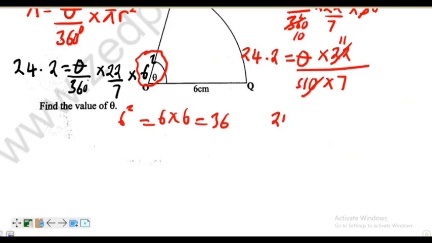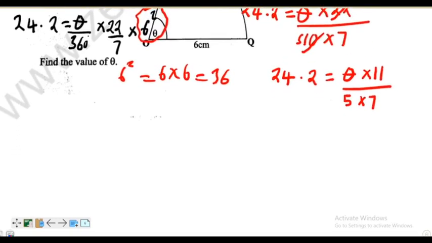So we have 24.2 is equal to theta times 11 over, remember here we have 5 times 7. So I'm just writing like this so that you follow through with what I'm writing.